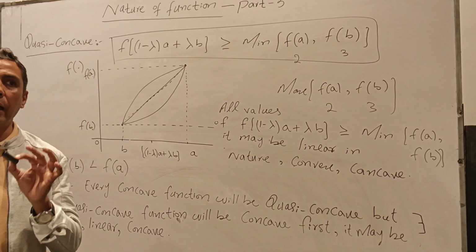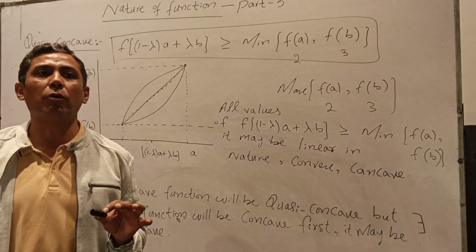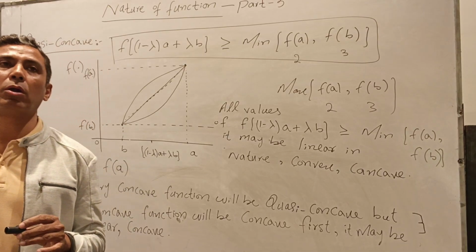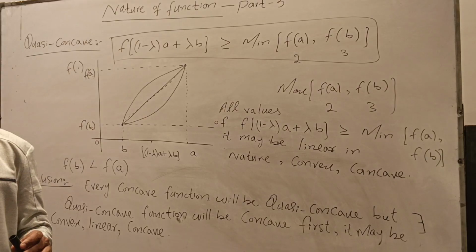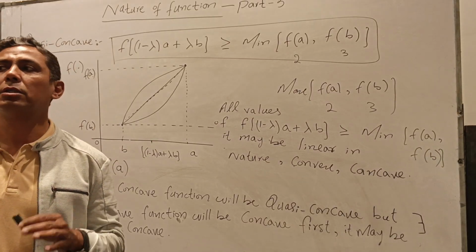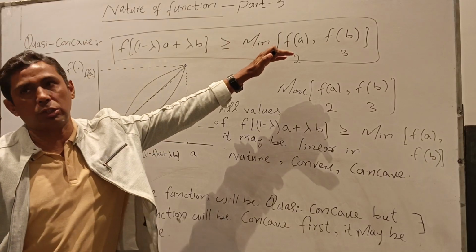And another important thing is that whenever you have optimization, or when you practically draw a function, any function, the function of sales, it is not necessary that it always moves in one direction.